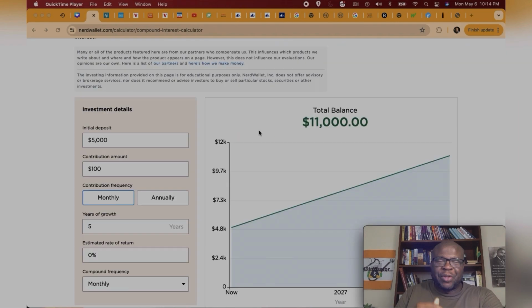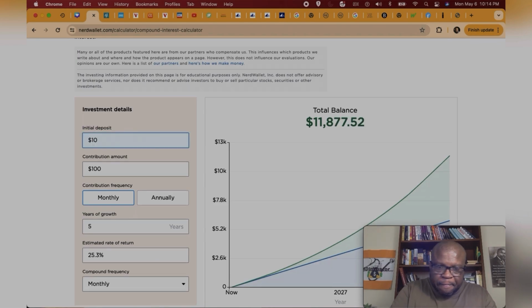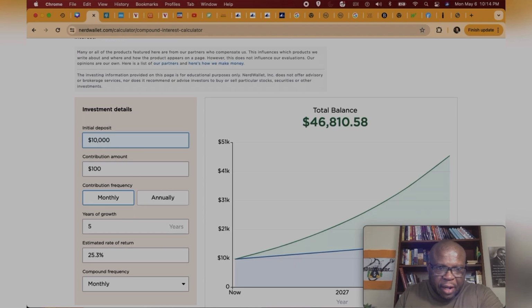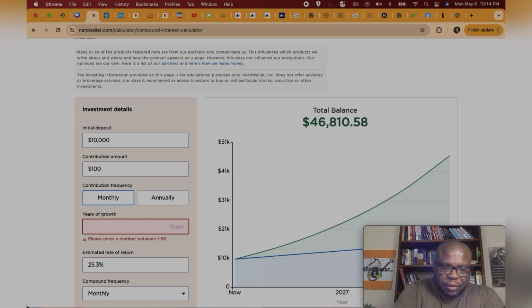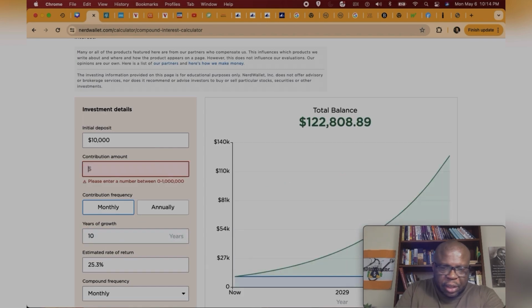Okay, so here we are on NerdWallet's compound calculator. Let's do some projections. The 10-year return on the SOXX ETF was 25.3%. Let's imagine we had put down $10,000 and we let it sit there for 10 years and add no additional money.